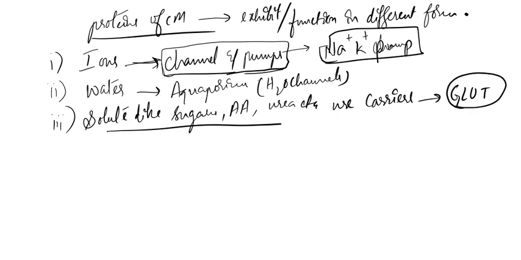This glucose transporter facilitates the transportation of glucose. It is very much important. The deficiency or abnormality of these transporters leads to some famous conditions.